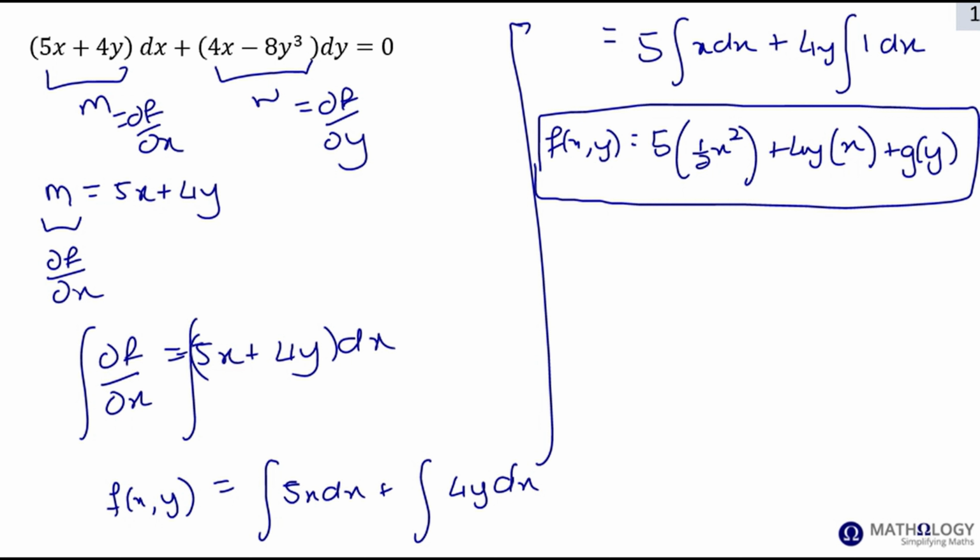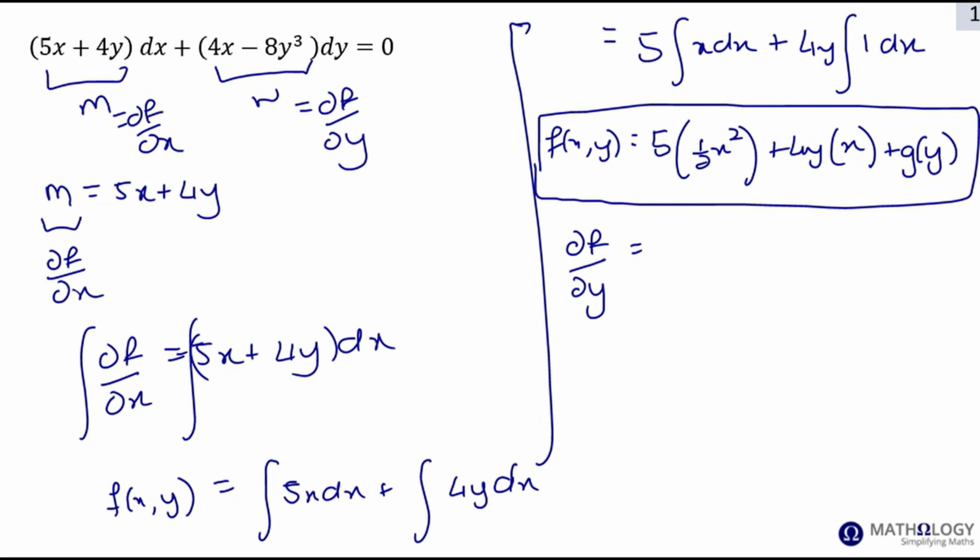We take the partial of this with respect to y, and then tie it back to the expression for N. So the first term, 5 over 2 x squared, with respect to y is a constant term, so that's 0.